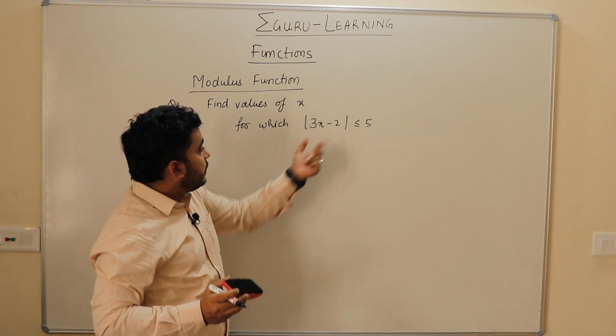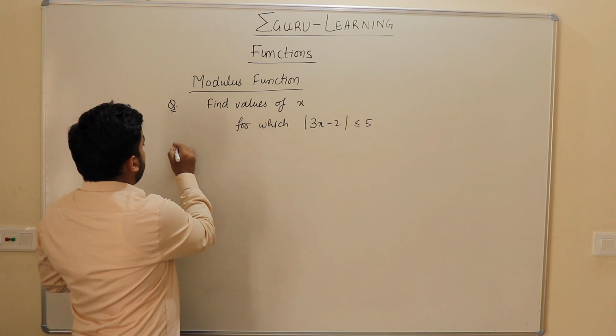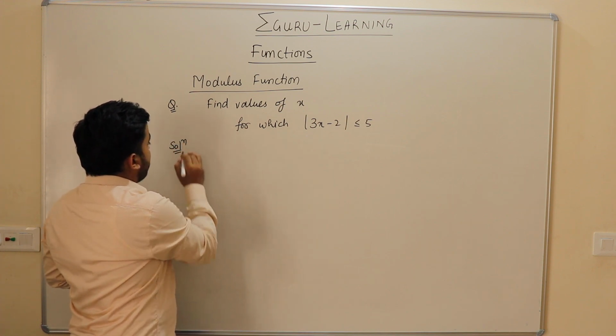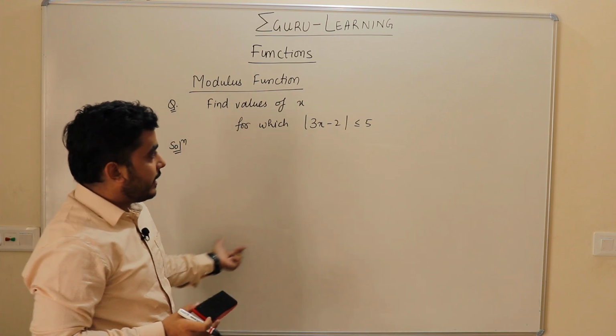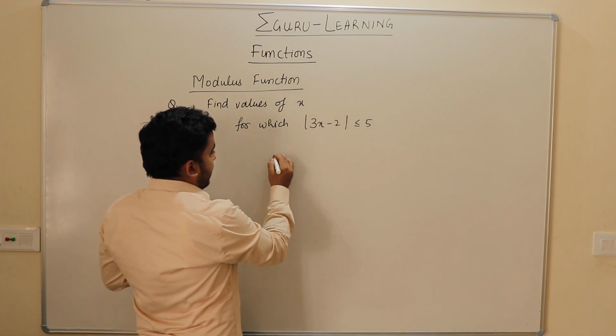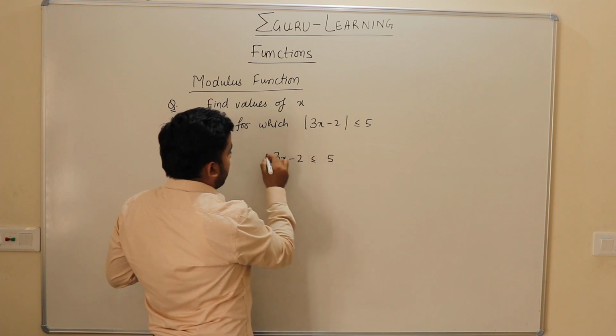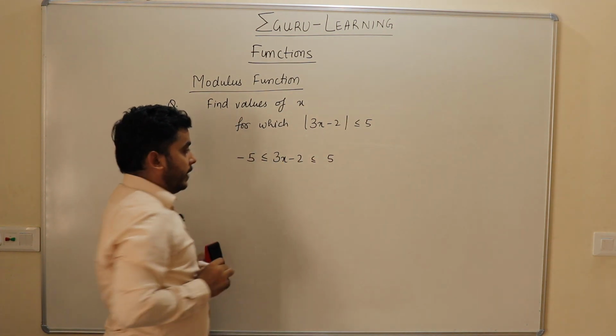So how to solve these types of questions using modulus properties? We will use the property for when mod x was less than a. We will consider this quantity as x only. Hence we can write that 3x minus 2 would lie between minus 5 and 5.